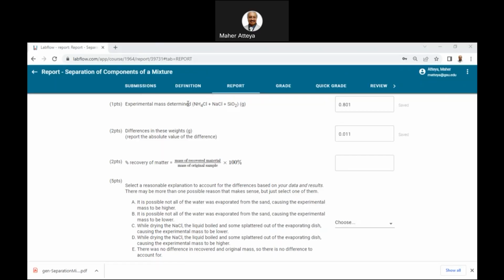So this one here, 98.65%. Let me double check it: 0.801, point, here, 0.081.